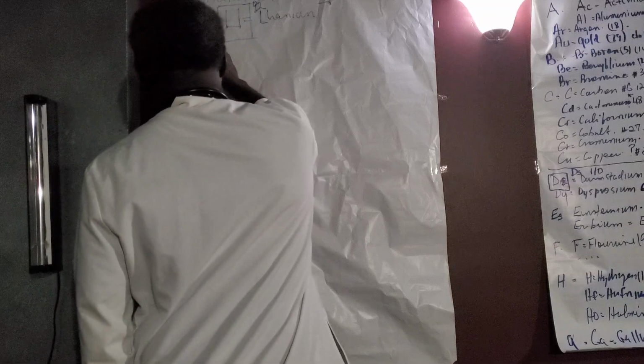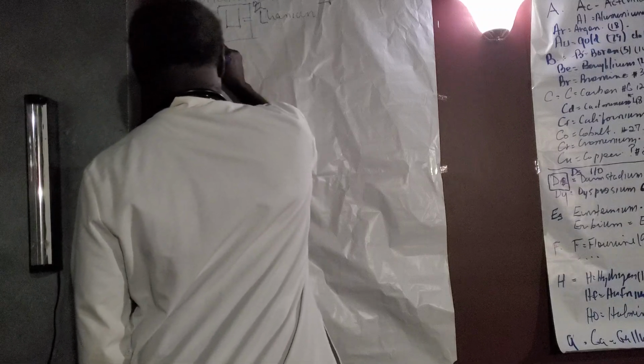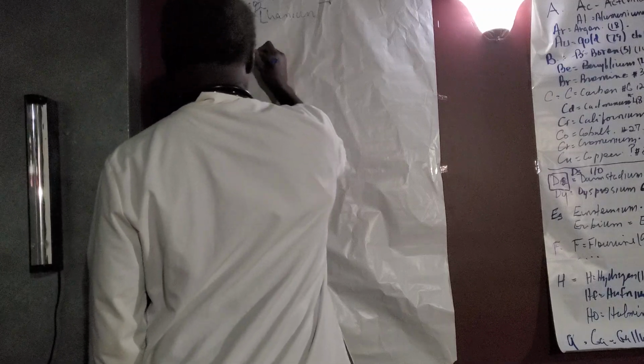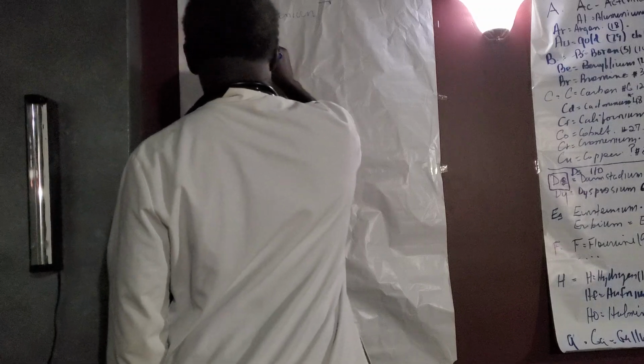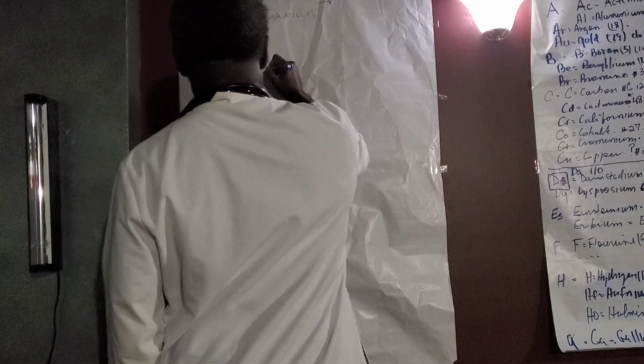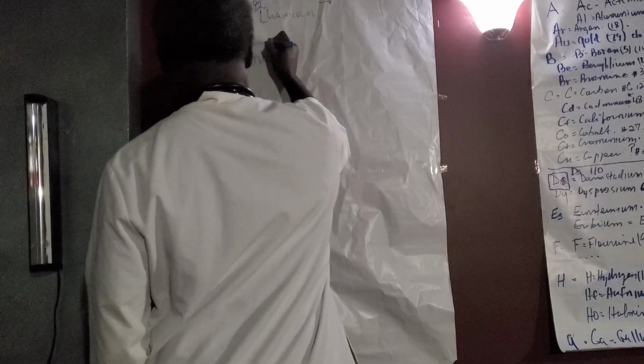U-A, U-B, U-C, U-D, U-E, U-F, U-G, U-H. And for U, I also have all the future elements on the U. So that means we have atomic number 100, which is equal to U-N-N, Unnilnilium, 100.